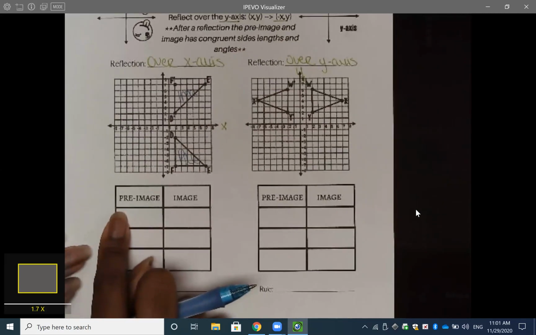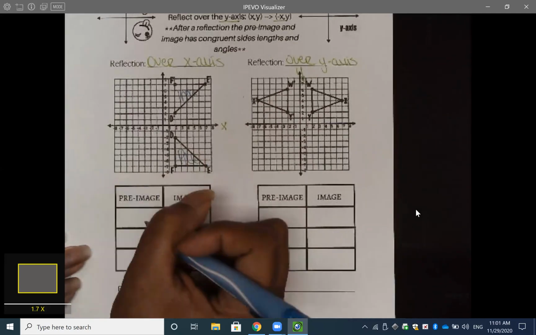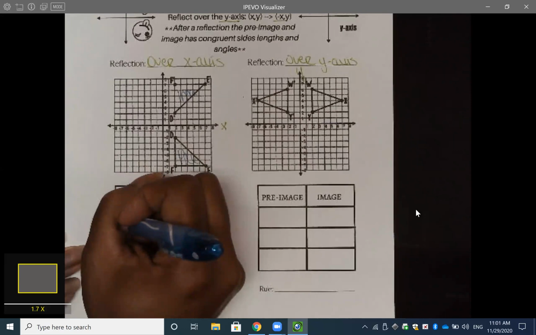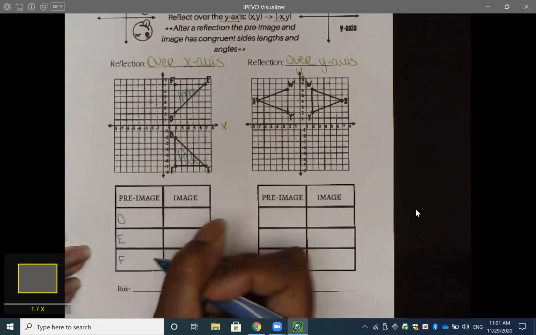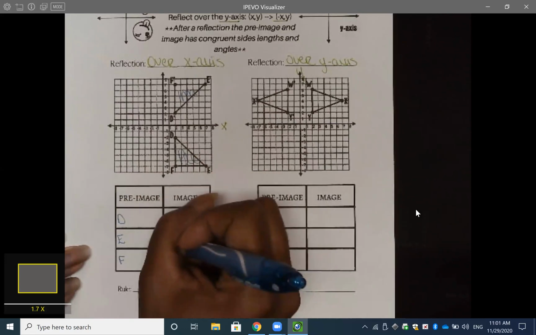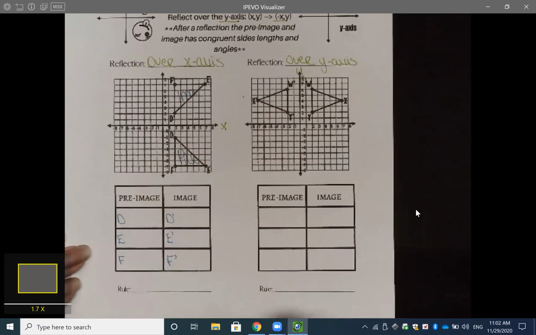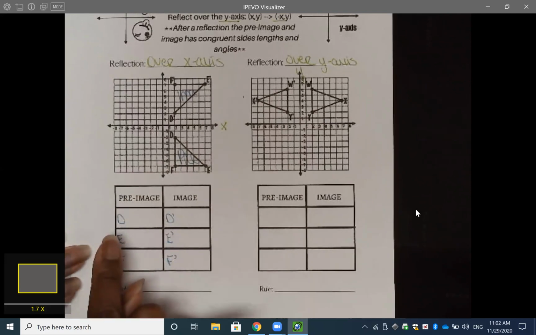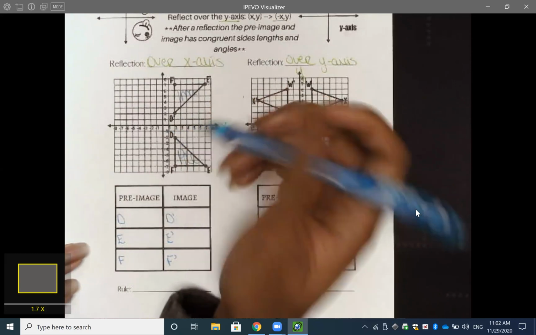So the first thing it wants us to do is write down our ordered pairs. So we have D, E, F. And then we're going to have D prime, E prime, and F prime, which is for our image. So we're going to go through and write our ordered pairs. To get to D, we went over to 2 and down to -2.